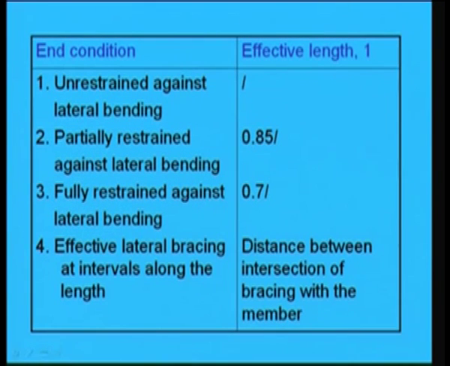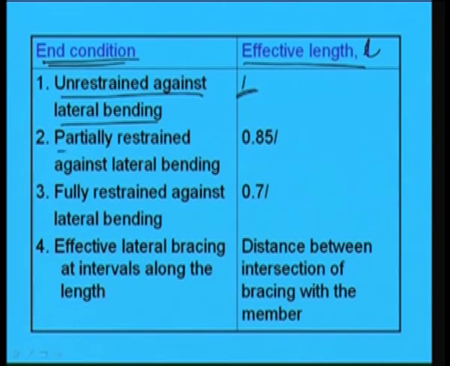With different end conditions, the effective length has been defined in the code, right. Suppose it is unrestrained against lateral bending, then the effective length can be taken as L, that means the clear span, the span length.